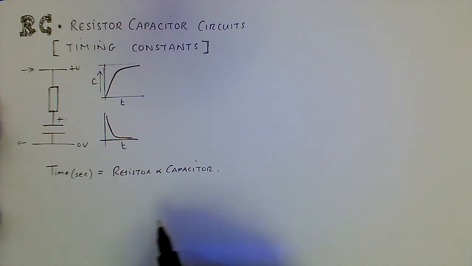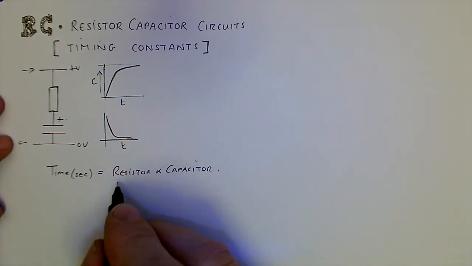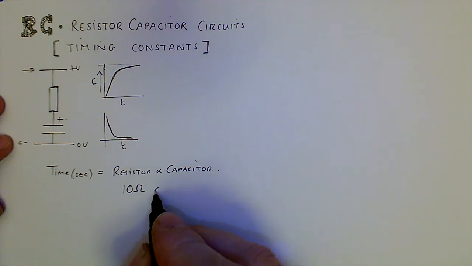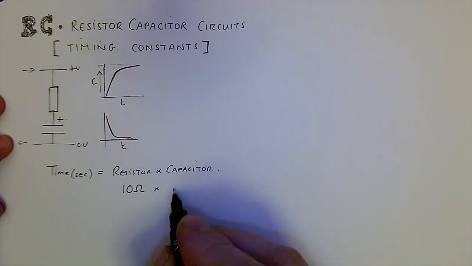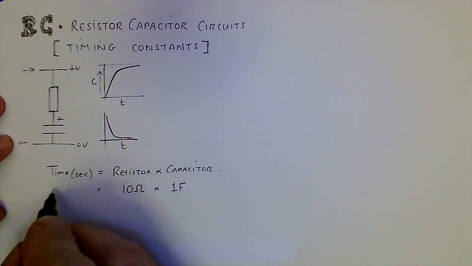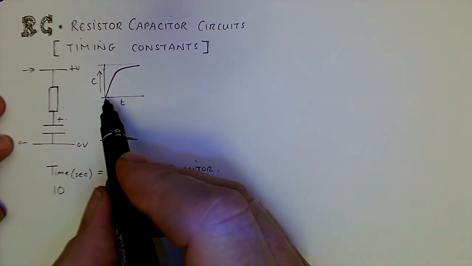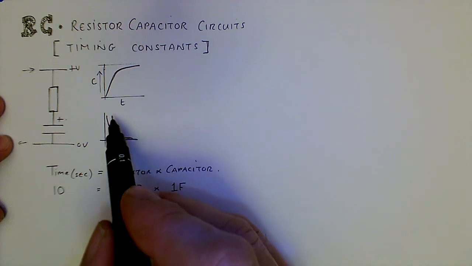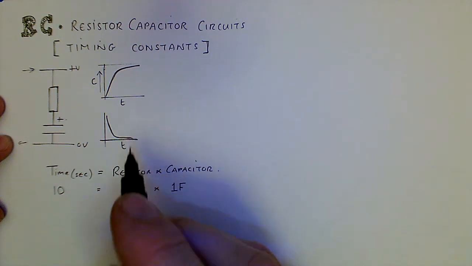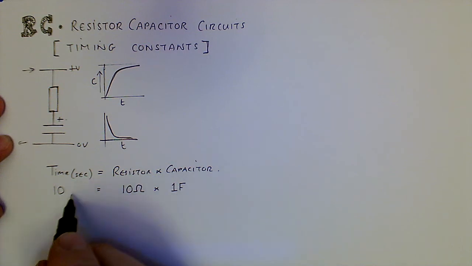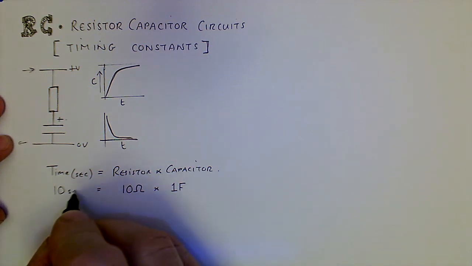So you could have a resistor of 10 ohms and a capacitor of, which would be large, 1 farad, and then this would take 10 seconds. It would take 10 seconds to get fully or nearly fully charged, and it would take 10 seconds to completely discharge. So time is resistor times capacitor, 10 times 1 is 10, and that would be 10 seconds.